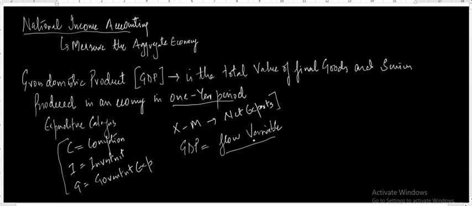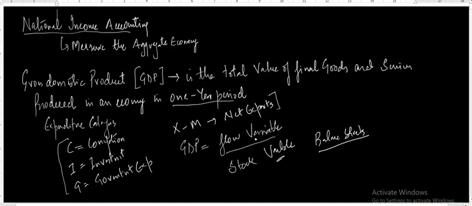So in this case, this variable becomes the flow variable. There is another type of variable that is known as a stock variable. For example, we have the balance sheet figures. These balance sheet figures consist of assets and liabilities at one point of time. So these variables are known as stock variables. However, the GDP is a flow variable because it's measured continuously.